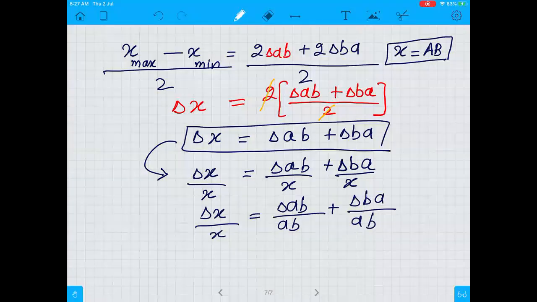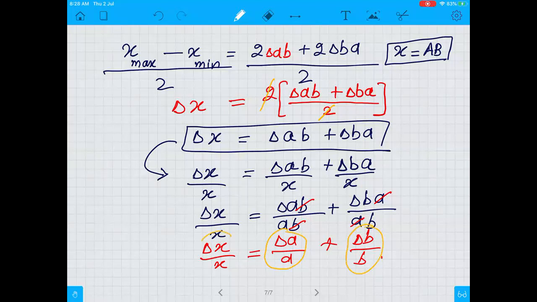Now you see this b will be cancelled with this b, this a will be cancelled with this a, and the final formula would become delta x over x is equal to delta a over a plus delta b over b. Now if we read this formula in the simplest form, if two values are multiplied, then the fractional uncertainties of those two values are added to find the fractional uncertainty of the answer.